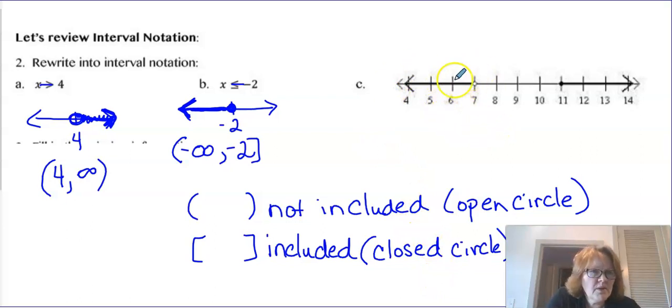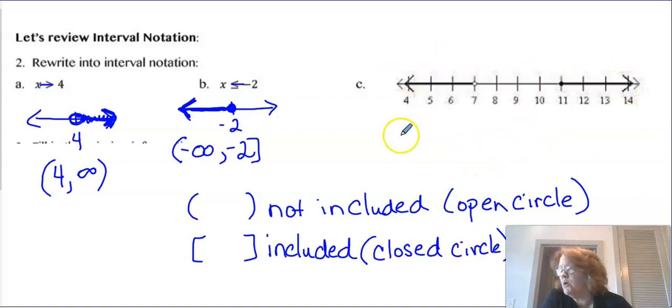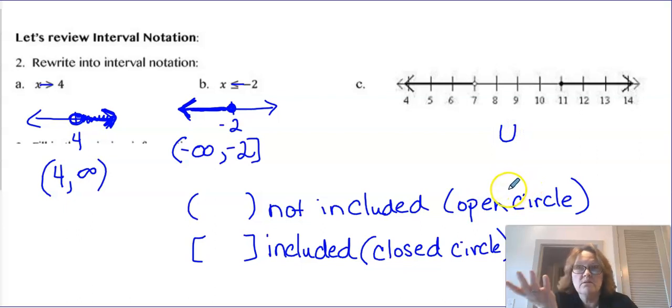Okay, this little number line is part C. I don't know how well you can see that, but this is what it's supposed to look like. If you want to redraw it, you can, or you can just look at mine. In this case, we have 2 different intervals, and they are joined by this little symbol that looks like a U. It basically means and.